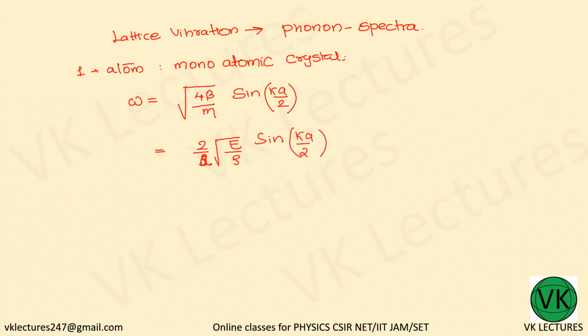Now here K is the wave number, whose dimension is meter inverse. A is the lattice parameter or lattice constant.